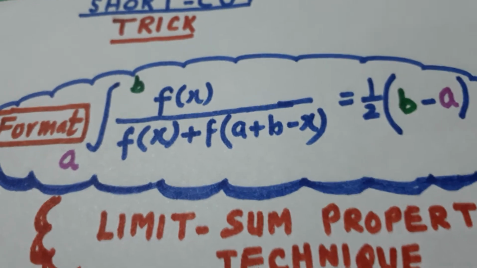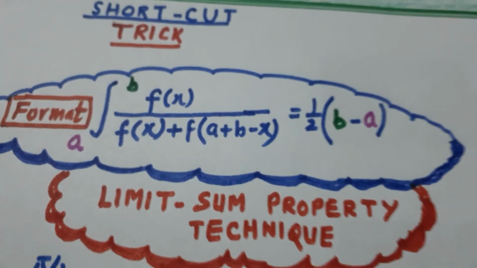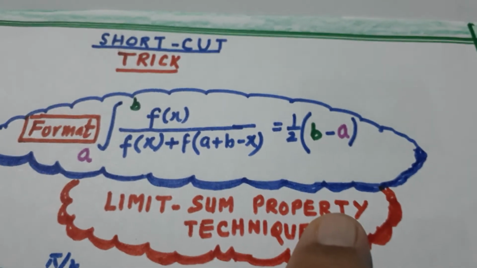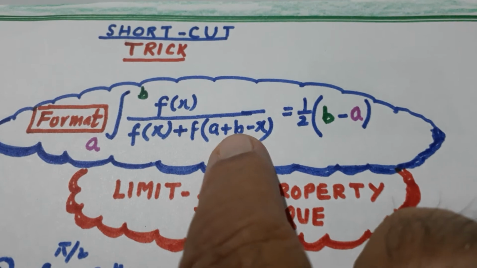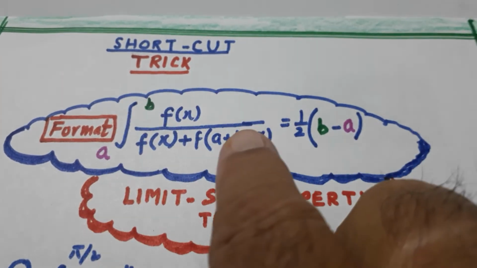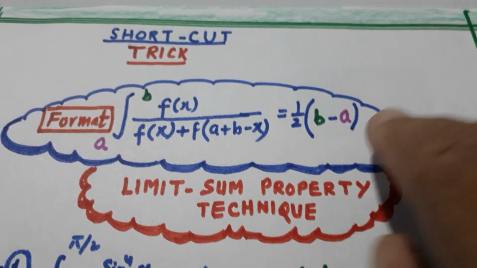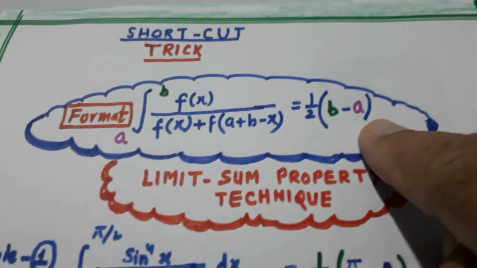What is this? A plus b is the sum of the limits, so it is called the limit sum property. We will be adding both the limits, a and b. It will become a plus b. The answer will be half of b minus a. Very simple.